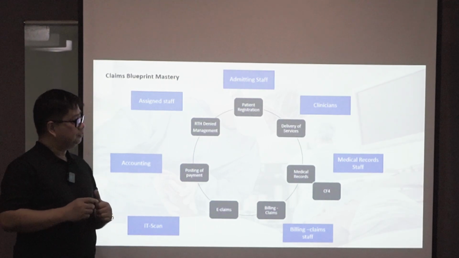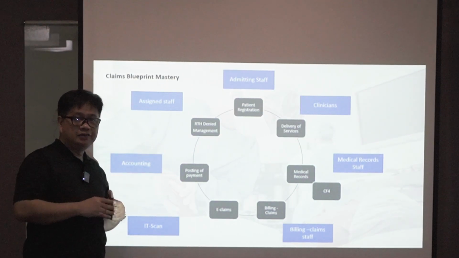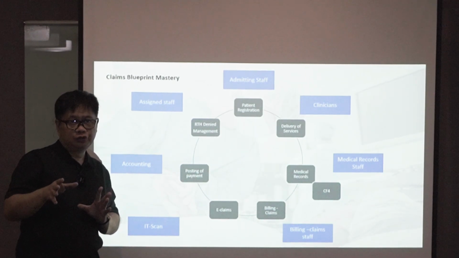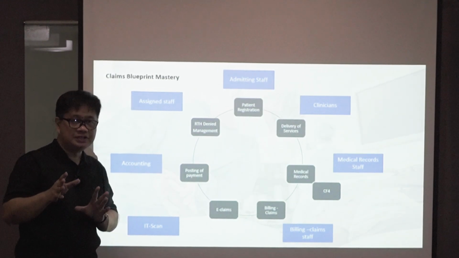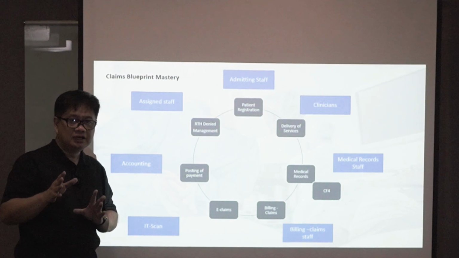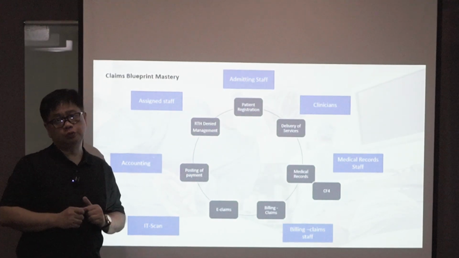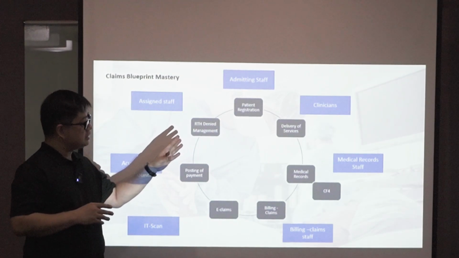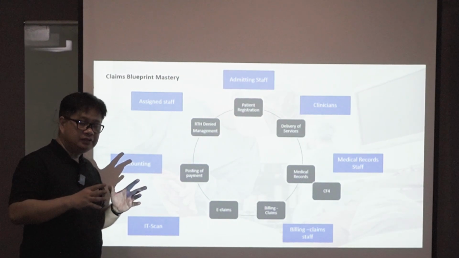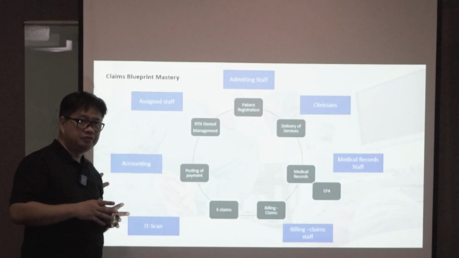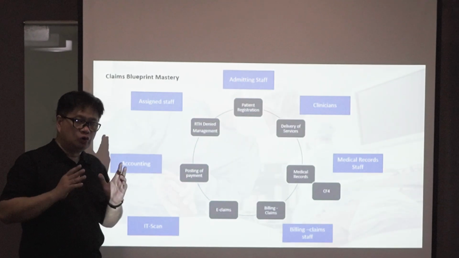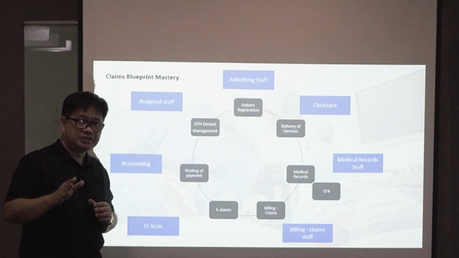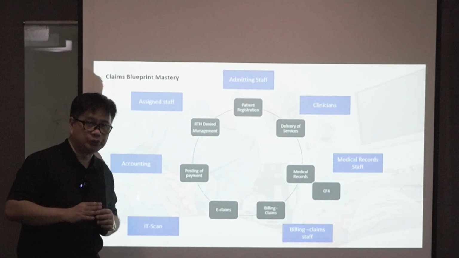Once services are given, information, supplies, as well as services are then transcribed into what we call the clinical chart. So in the delivery of services, information is gathered and transcribed in a specific document. Also, in the delivery of services, charges are captured.